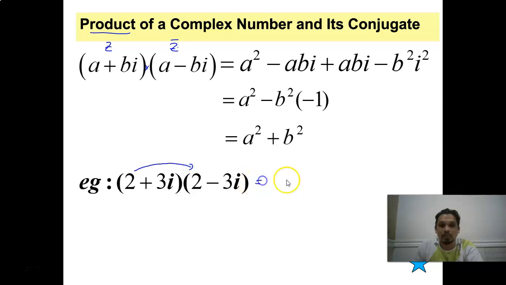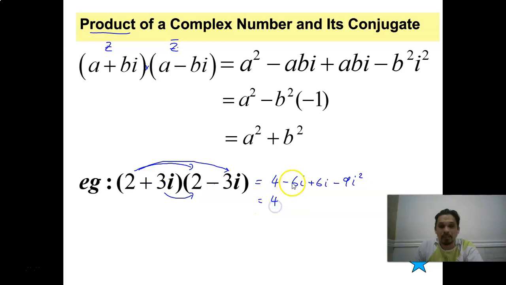2 times 2 equal to 4. 2 times negative 3i equal to negative 6i. 3i times 2 equal to positive 6i. Positive times negative, negative. 3i times 3i, 9i squared.